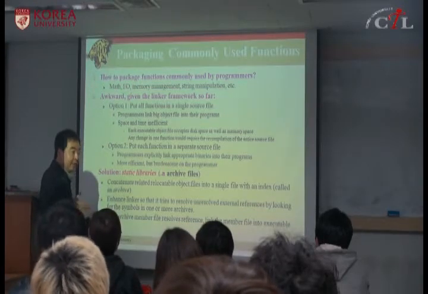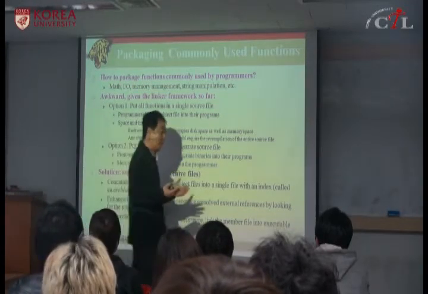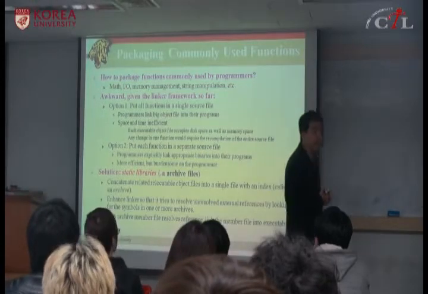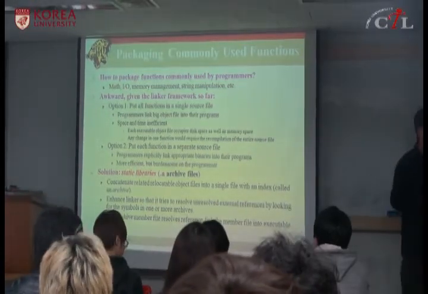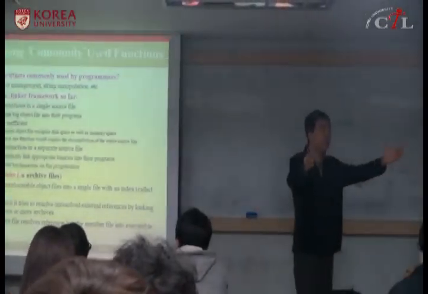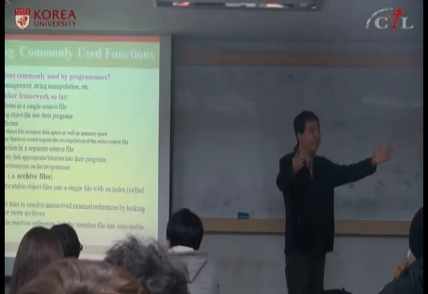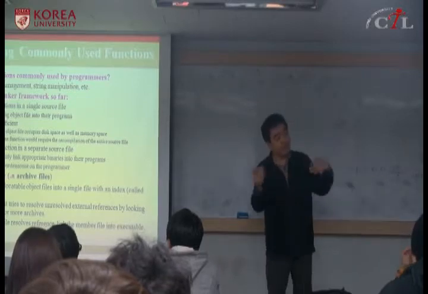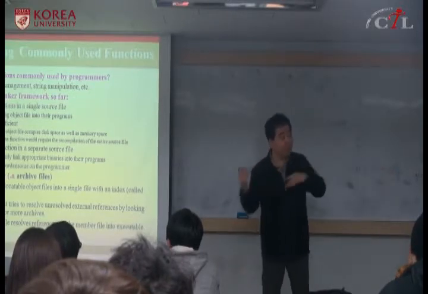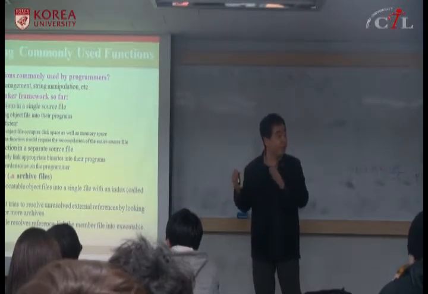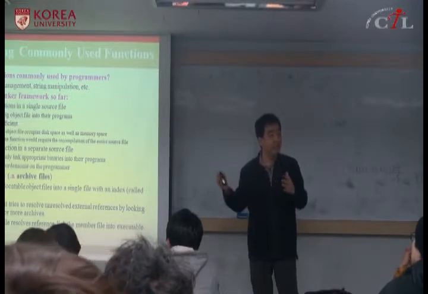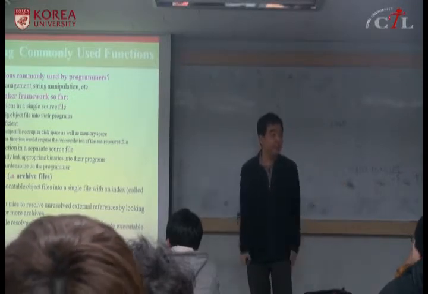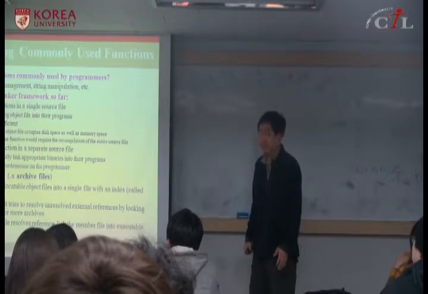It's similar to the reason we studied for separate compilation. You don't want to put everything in everything.o. Then whenever you want to change something, you have to recompile everything. If you want to copy something, you have to copy everything, which will make your program bigger and increase your disk space. Okay? Unnecessarily.